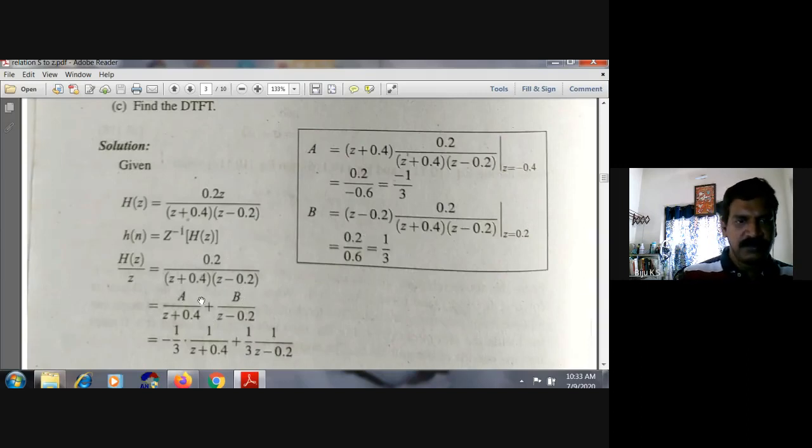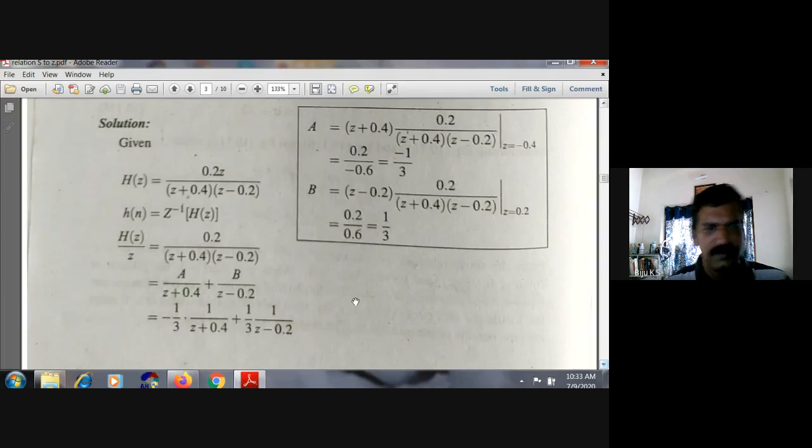All other steps are similar to partial fractions. So A by the first fraction and B by the second fraction, and you find A and B by substituting z equal to minus 0.4 and z equal to 0.2, so that these terms are cancelled, and you can obtain the values of A and B.